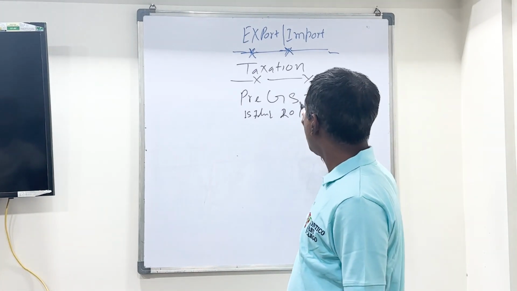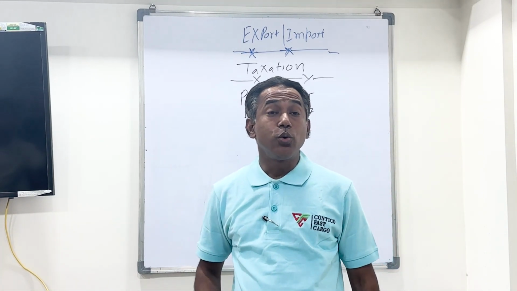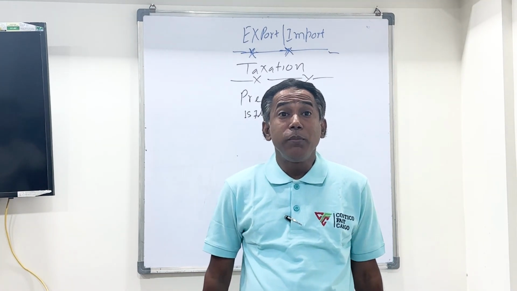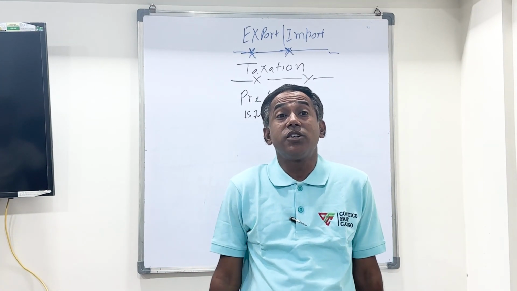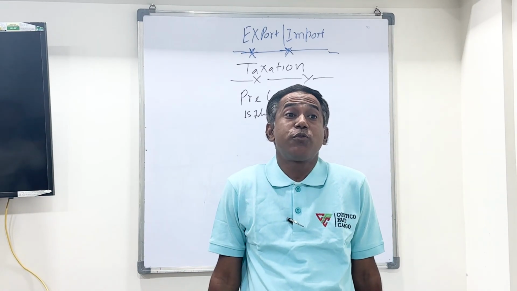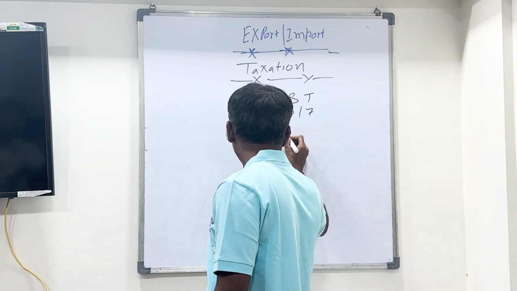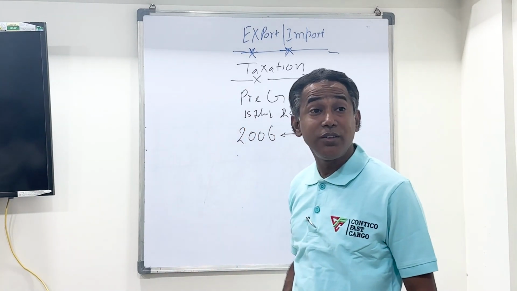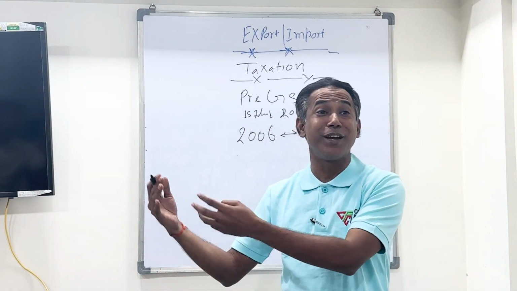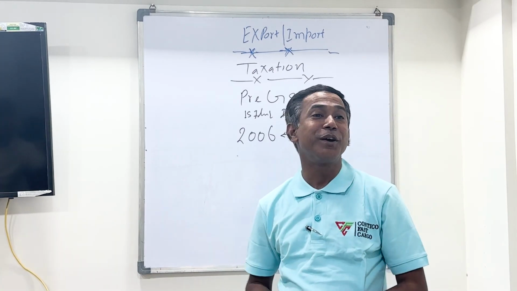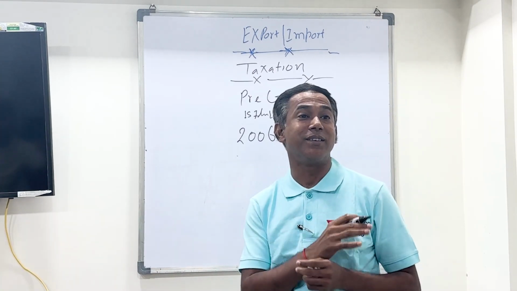Now it was not so easy for them to implement. So let me go back to GST. The GST council was formed in the year 2006. Because we have very little knowledge, we feel like everything has been done by one government. It is not like that.